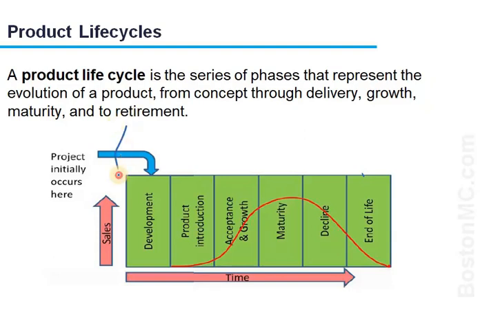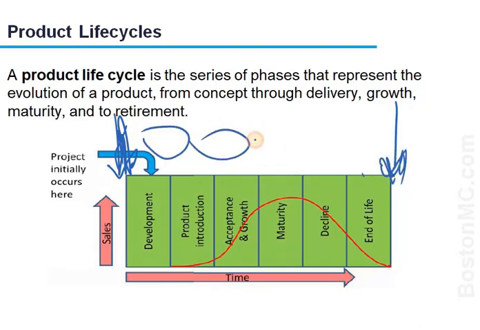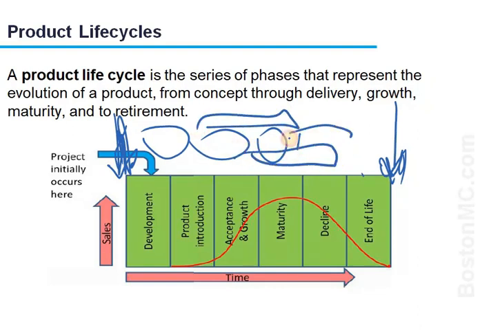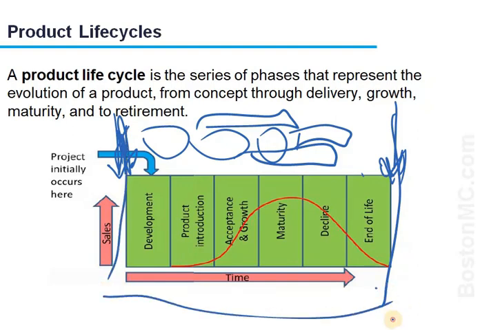So from the day you conceive this product to the day that you no longer invest in it, there's going to be several projects that you're going to run. Some will overlap, some will not, but many enhancements happen along the way. And so these are project life cycles that happen within the span of that product life cycle. So project life cycles for the product are typically smaller than the product life cycle itself.